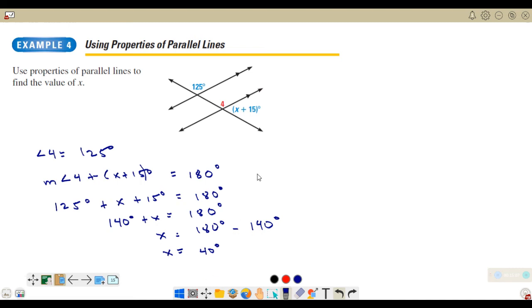Okay? Now, let's check kung ano yung measurement nito. Ang hinahanap natin ay value ni x. 40 siya. This should be 55 degrees. Now, let's check whether this is really 55 degrees. 125 plus 55 must be equal to 180. Is it equal to 180? Yes. So, our solution here, x is equal to 40, is correct. Okay?